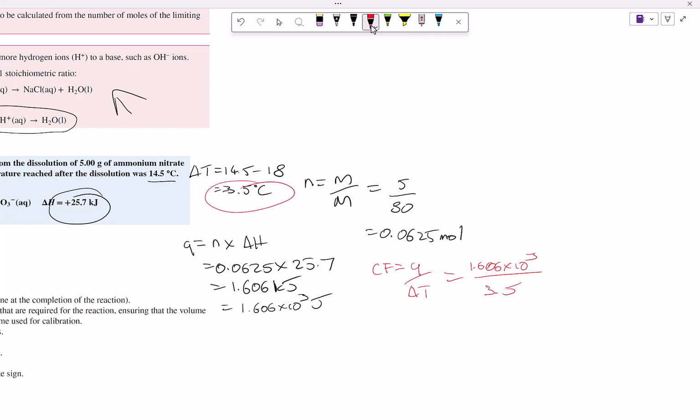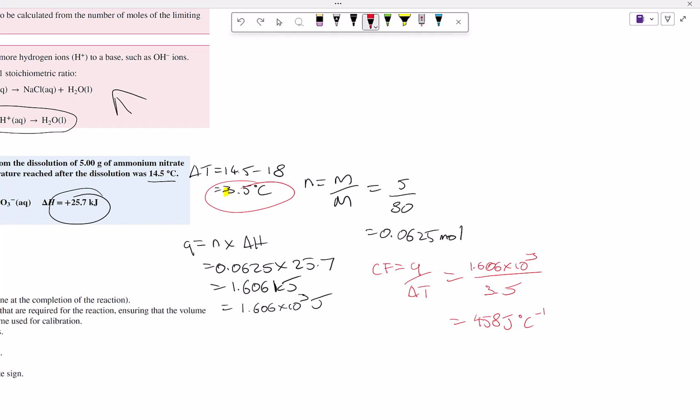So we've got that difference there, and that will give you an answer of 458 joules per degree Celsius. Now, a note: I did do negative there because that's what that would give you. But we're just looking for the temperature difference, so in this specific case we can use the fact that there's no negative anymore, because we're looking for the temperature difference.